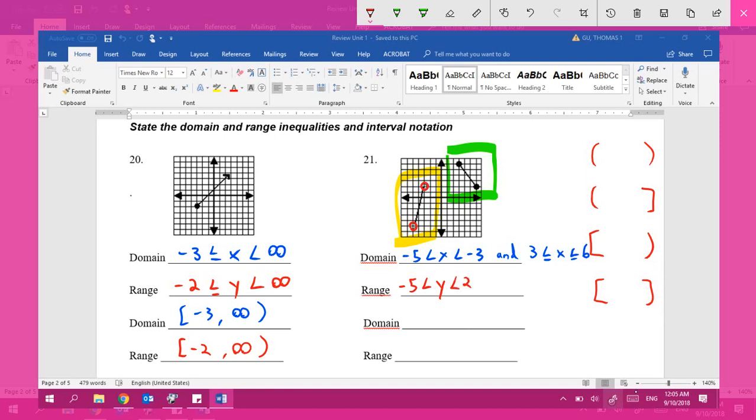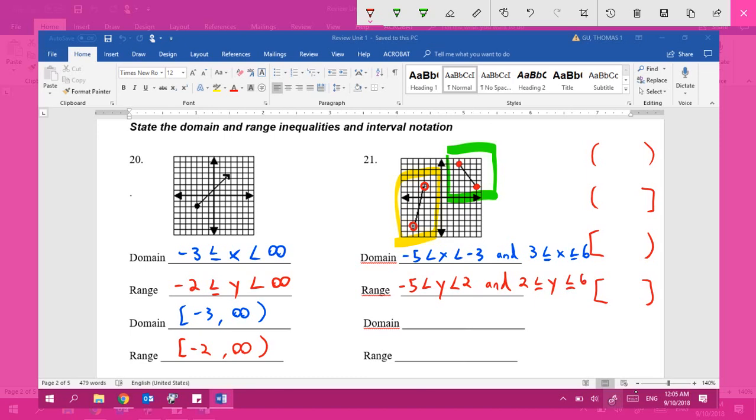But also we need to look at our green highlighted area. What's the lowest point on my green highlighted area? That's right here, and that is 1, 2. So 2. And then we can see that it's going to be 2 less than or equal to y, which is less than or equal to 6, because I got another solid circle over here, and the y value right here is 1, 2, 3, 4, 5, 6.